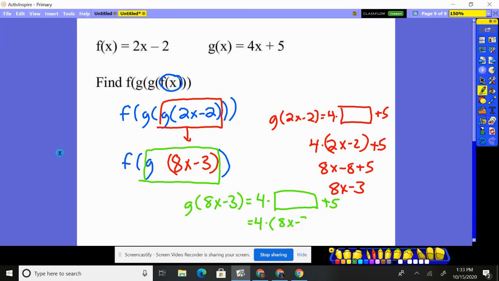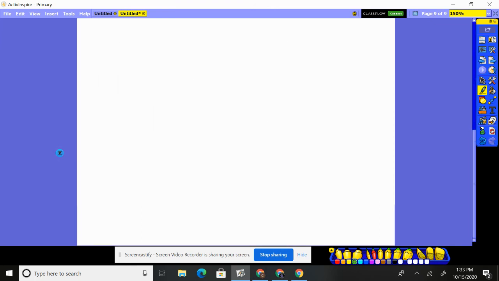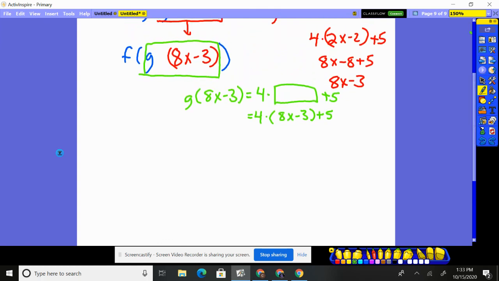This time we have 8x minus 3 plus 5. So we now have, distribute through, 32x minus 12 plus 5. So 32x minus how much? 7? So we have 32x minus 7.